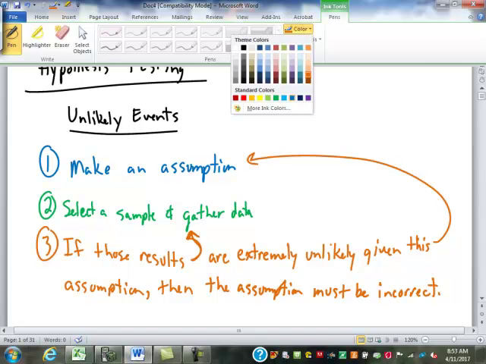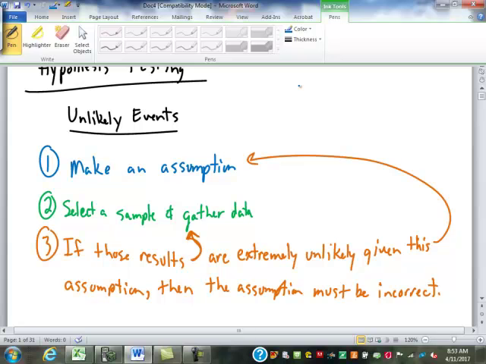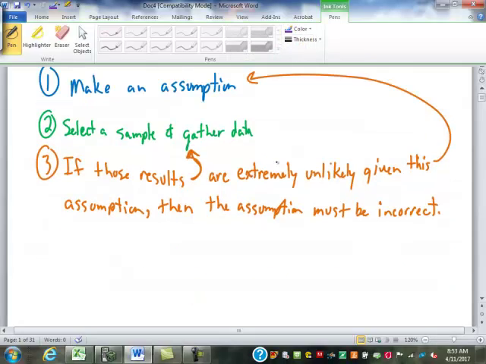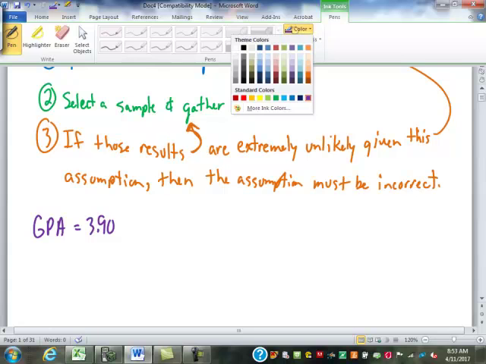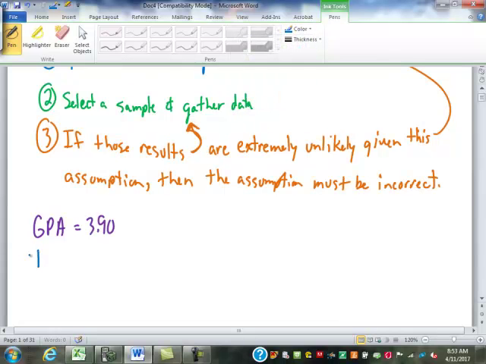So what that means, let's say we assume that for a student, their average GPA is 3.9. Then we randomly sample their classes. Take a random sample of their classes.